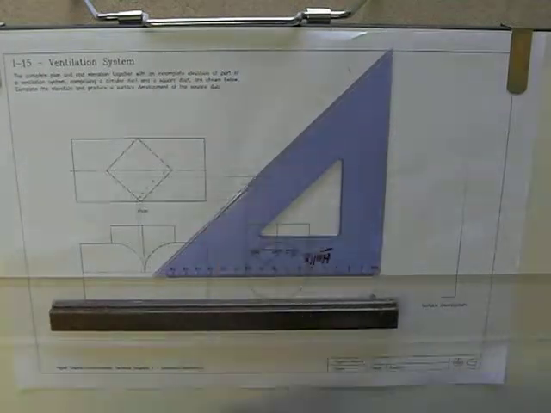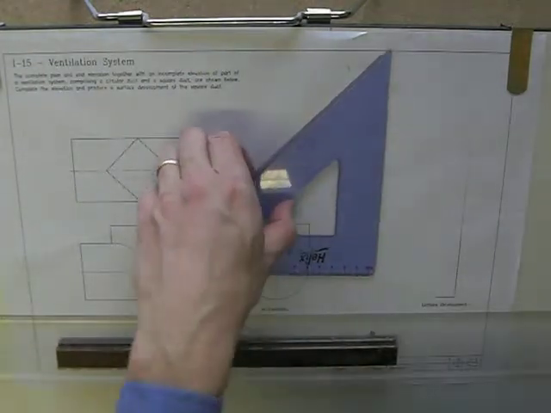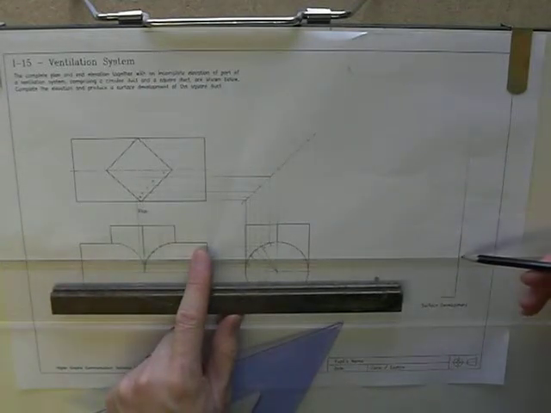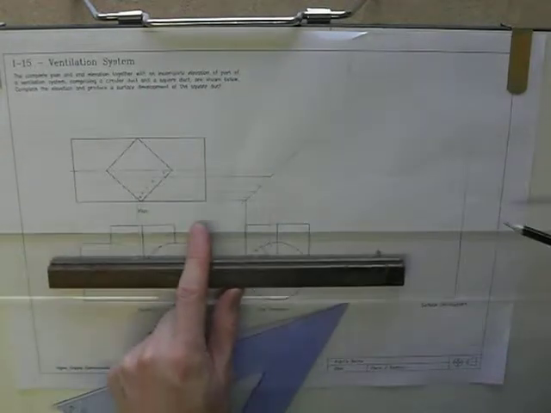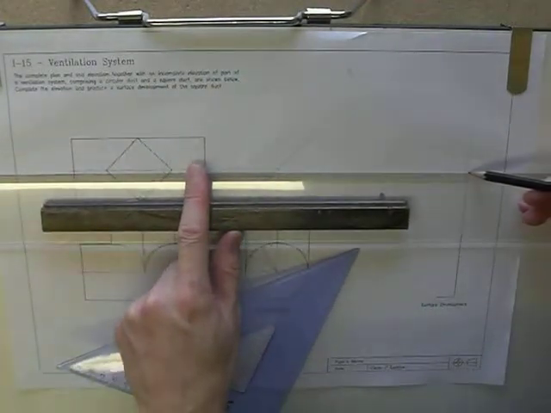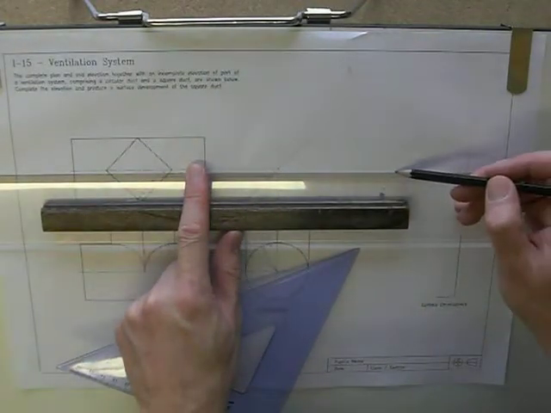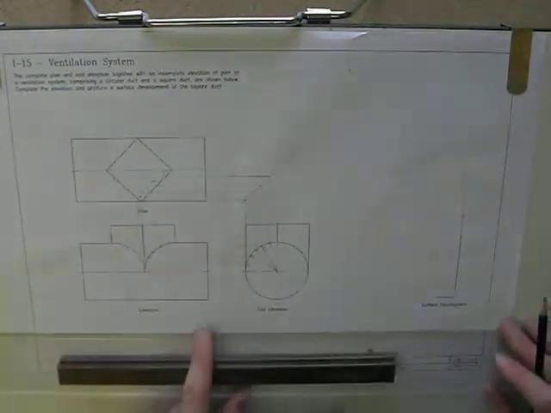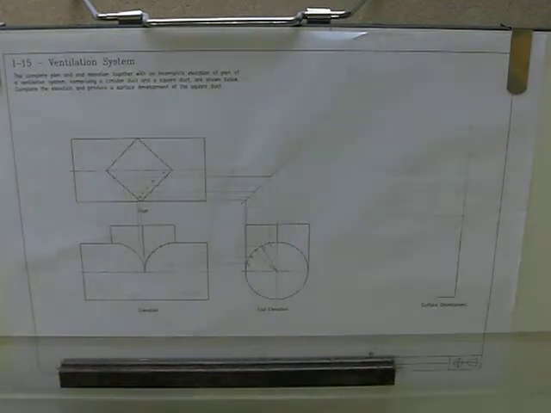Okay, so if you imagine this is really like the top of it, I'm going to do some light construction lines here at each of these points. And visualise, if you will, what this is going to look like.